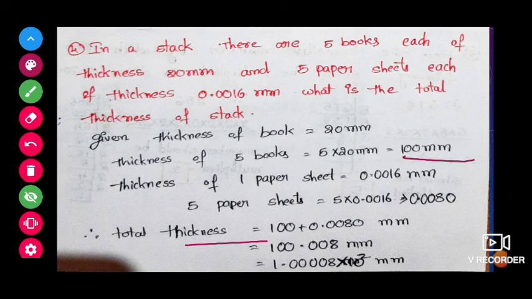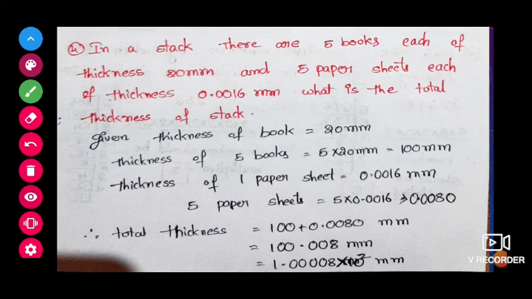So totally if we add, we will get 100 plus 0.08, totally 100.08 mm. So in standard form, how can we write? The point will move towards the left side: 1.0008 into 10 to the power 2 mm.